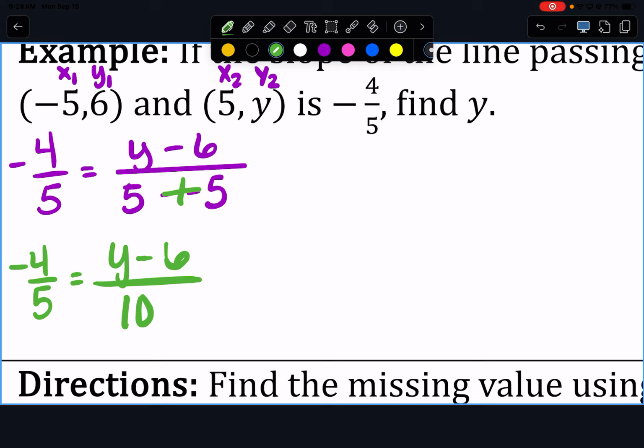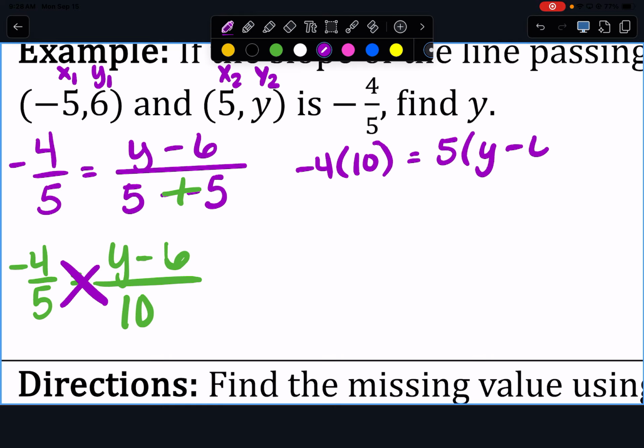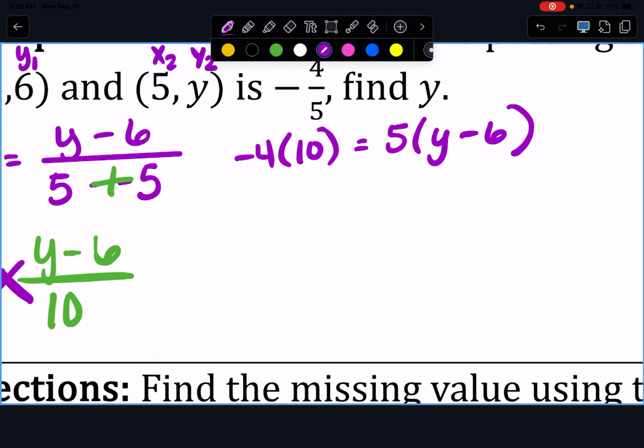This is a cross multiplication, right? So we can cross multiply. Negative 4 times 10 is equal to 5 times y minus 6. Then from here I just distribute.